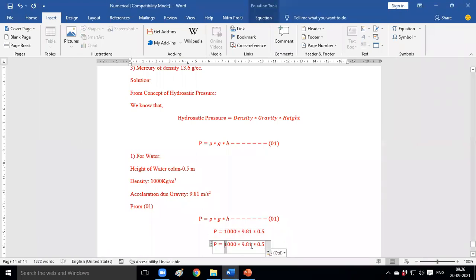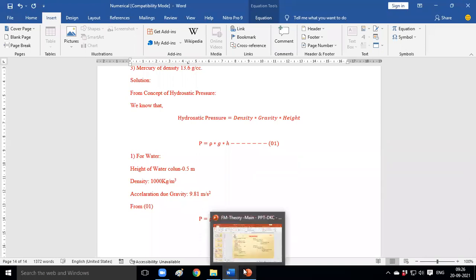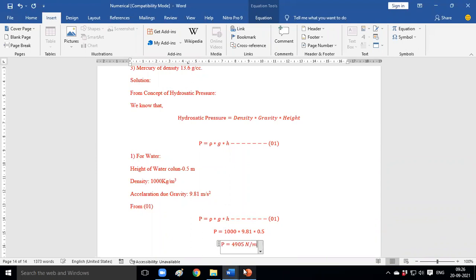Okay, 4905. What will be the unit? The unit is Newton per meter square.